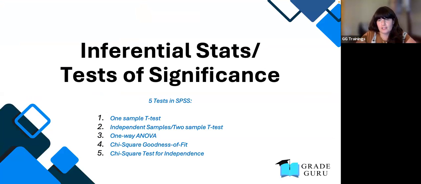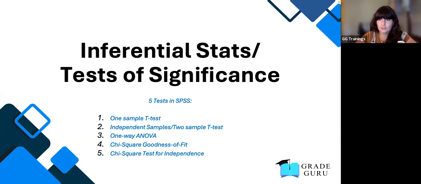There are going to be 5 tests in SPSS. The 6th test that you won't do now is the one sample z-test. And the reason you don't do it in SPSS is because the z-test requires that you actually have population data, not just sample data. And in real research, which SPSS is designed for, you never have population data.